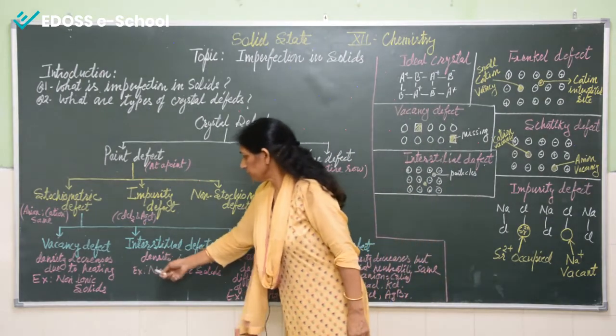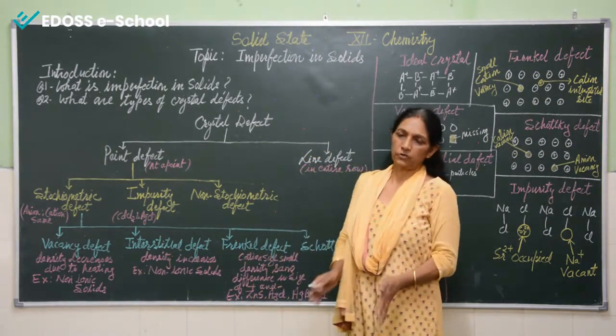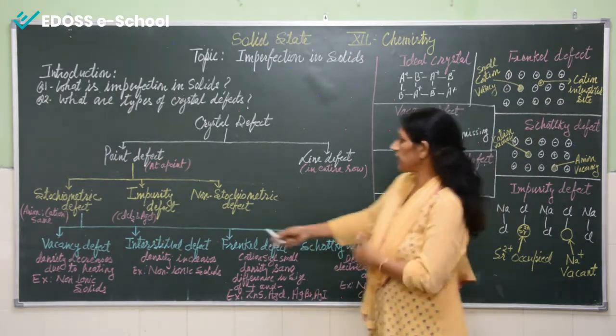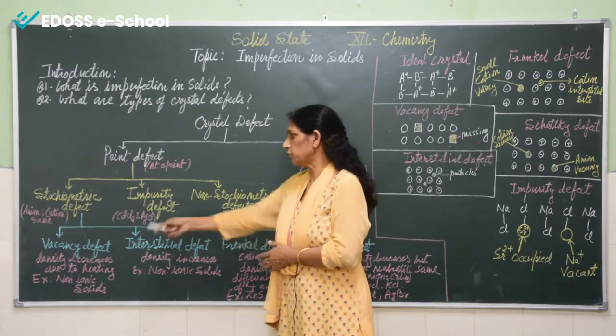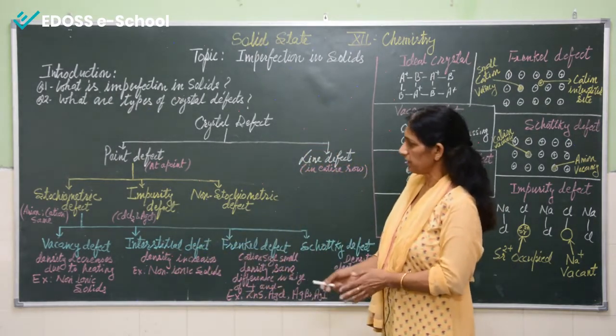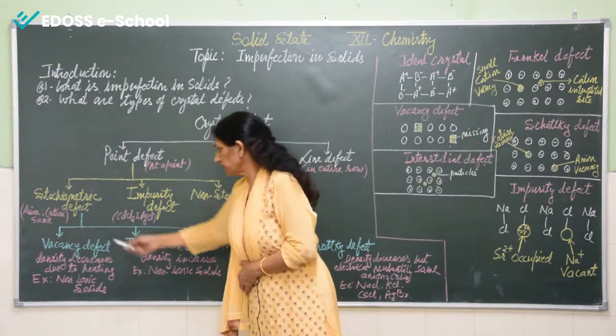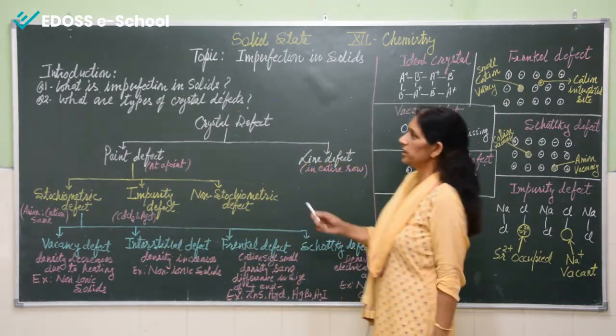This is also shown by non-ionic solids. So this is the second type of stoichiometric defect. Two types of defect we can see in stoichiometric defects.